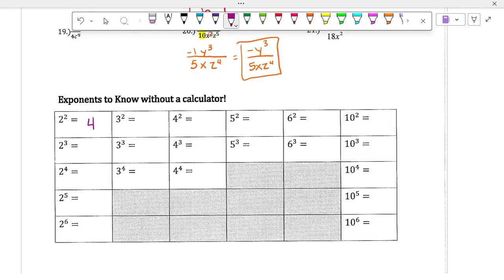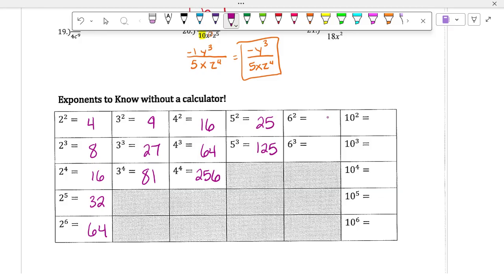So 2 to the 2nd is 4, 2 cubed is 8, 2 to the 4th is 16, 2 to the 5th is 32, 2 to the 6th is 64, 3 squared is 9, 3 cubed is 27, 3 to the 4th is 81, 4 squared is 16, 4 cubed is 64, 4 to the 4th is 256, 5 squared is 25, 5 cubed is 125, 6 squared is 36, 6 cubed is 216, 10 squared is 100, 10 cubed is 1,000, 10 to the 4th is 10,000, 10 to the 5th is 100,000, and 10 to the 6th is 1,000,000.